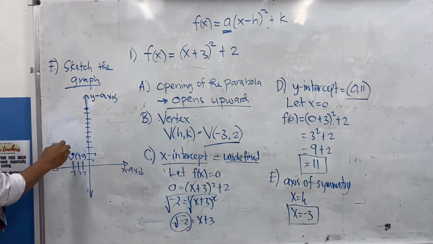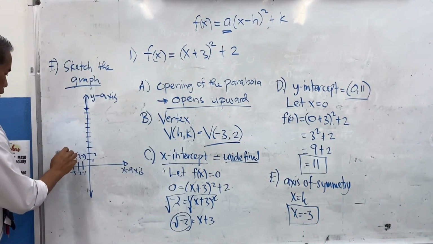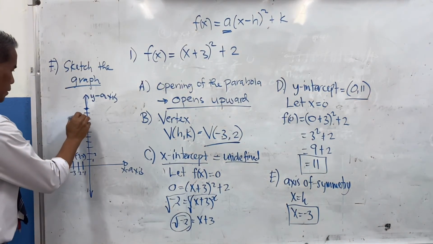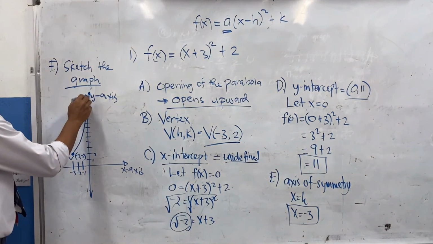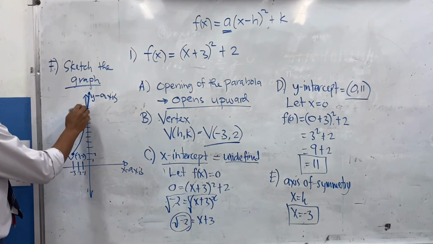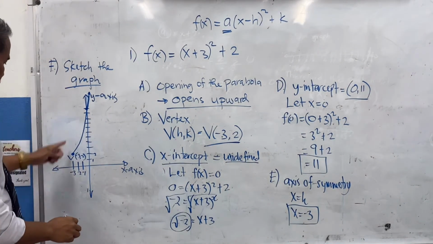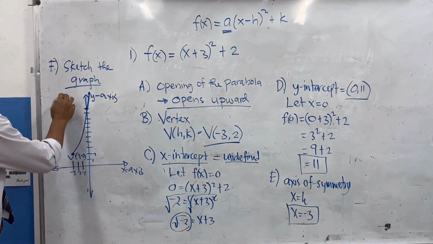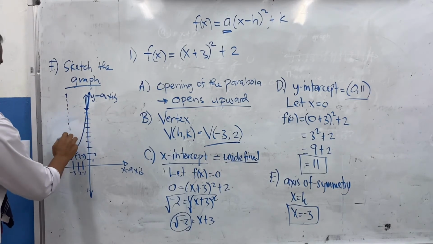So we will draw a smooth curve of the parabola. Okay. So the graph will pass through this point, the y-intercept. Then, since this is the axis of symmetry, x equals -3, this is the line of symmetry.